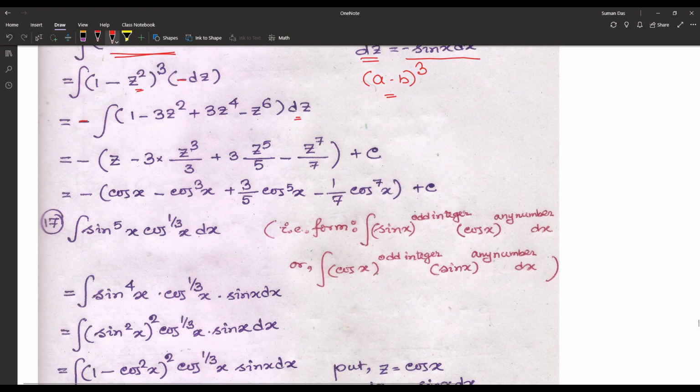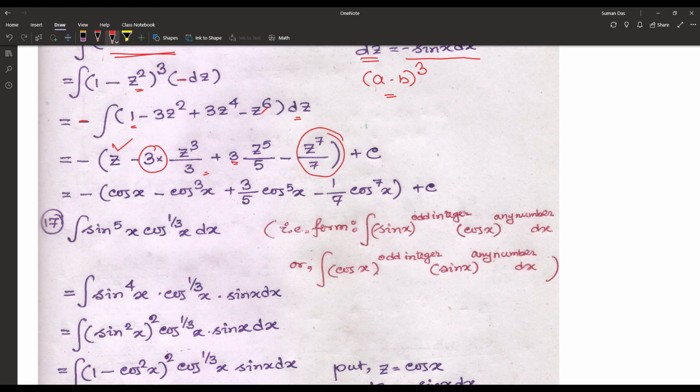Now just a simple integration using the summation rule or the difference rule. So 1 dz becomes z, minus 3z square dz becomes 3 into z cube by 3, plus 3z to the power 4 dz becomes 3 into z to the power 5 by 5, and finally z to the power 6 dz, that is minus z to the power 7 by 7.